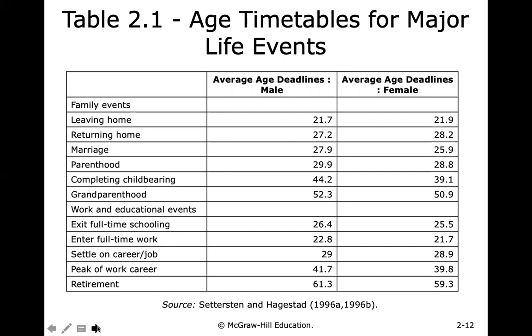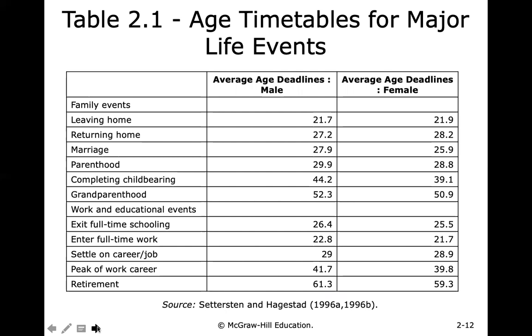At this time, average age deadlines. So deadlines. This is the time when we believed in 1996 individuals should have been doing these things. Leaving home, both male and female, age of 21. Returning home, because we had to acknowledge that those individuals did exist, 27 and 28. So for some reason or another, they may need to return home at that age.